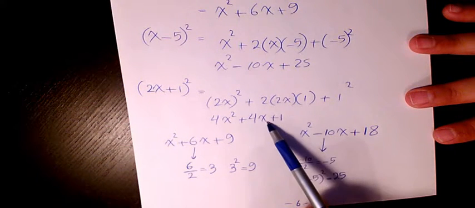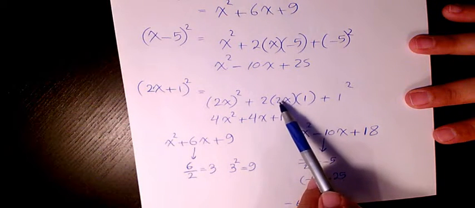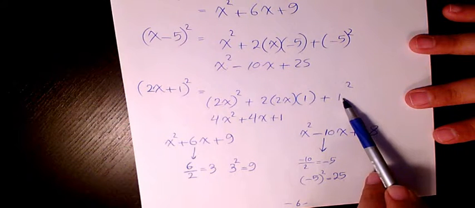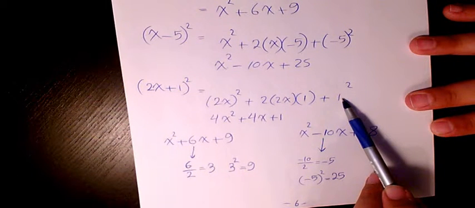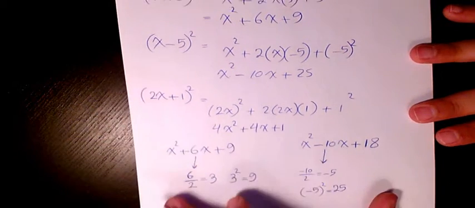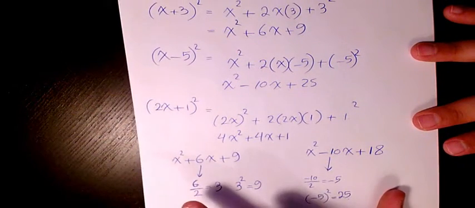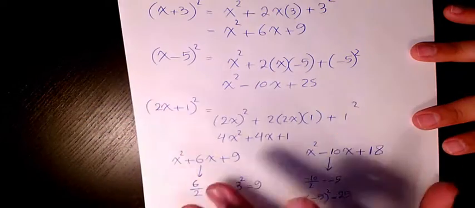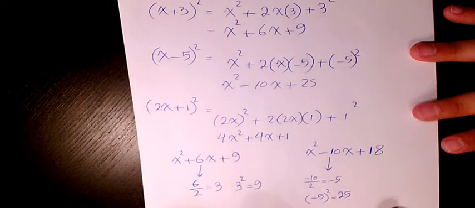We divide the coefficient by 2, 2 divided by 2 is 1. 1 squared is 1. That's the same as the constant. So that means we have a perfect square. So that's how we identify whether we have a perfect square trinomial or not.